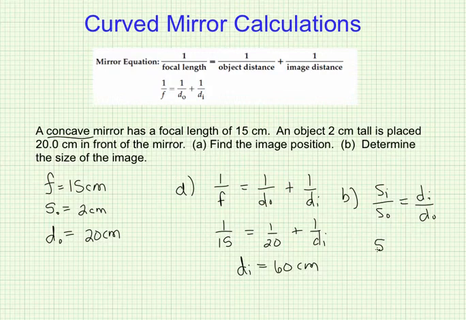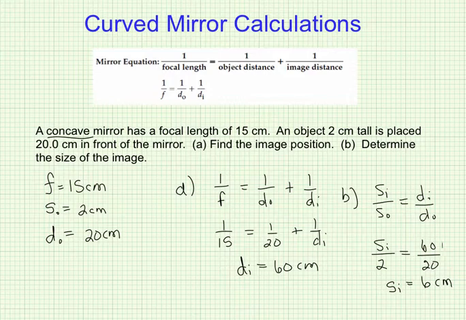So I'm looking for the size of the image. The size of the object we said was 2 centimeters equals the image distance, which we just calculated as 60, divided by the object distance, which we said was 20. That means the size of my image then is going to be 6 centimeters.